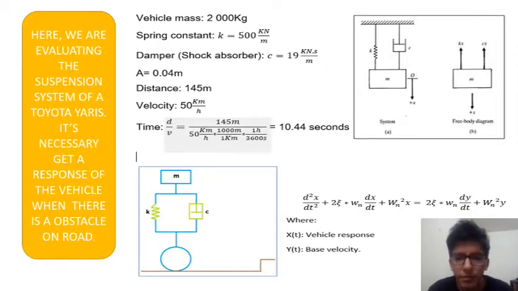So we have here the free body diagram, and we have the spring constant, the damper constant, and the mass. The mass can be a sprung mass or an unsprung mass.